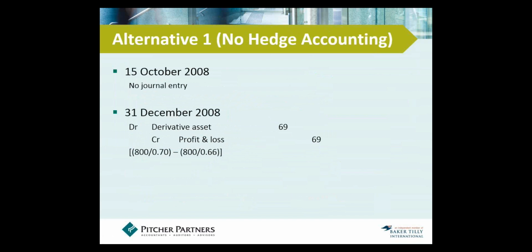The 15-day foreign exchange rate is 66 cents, so this was actually a good decision. So we say debit derivative asset 69, the fair value of this foreign exchange contract, and we credit profit and loss 69. So in the year ended 2008, we've got a 69 gain in profit and loss, and we still have no inventory.